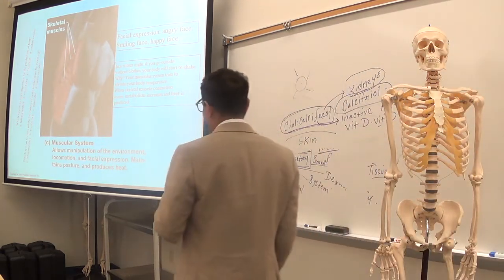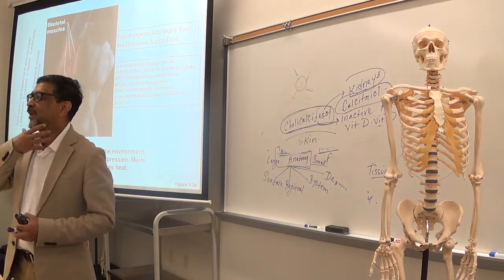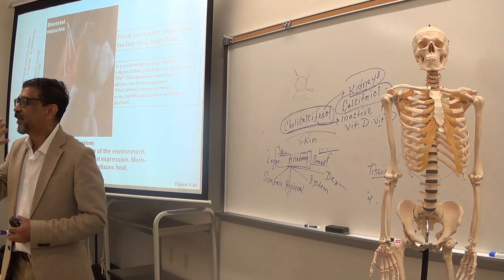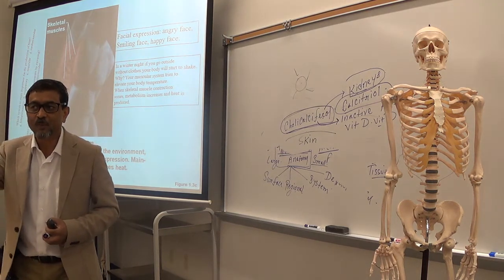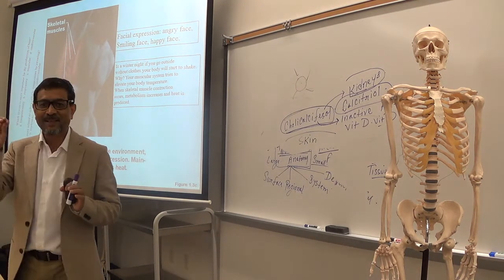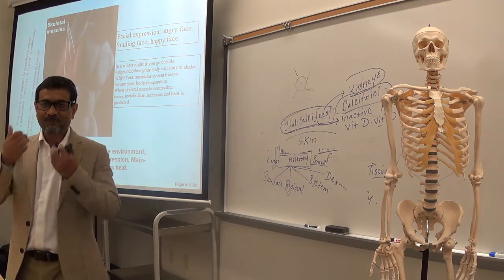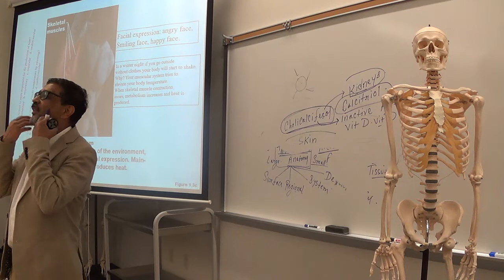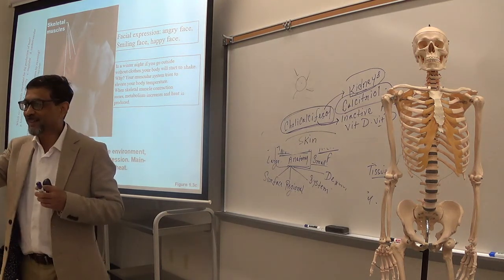Another important function is that some muscles around your mouth help to move the mandible, and that movement of the mandible is important for what? Eating, chewing the food, right? Swallowing the food. You need these muscles around the mouth. Speaking, right?